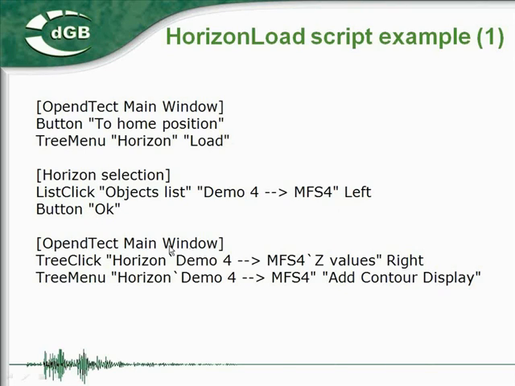Then we were back at the OpendTect main window, and we went to the tree and we clicked on the tree item horizon, sub item demo MFS4, Z values, and it was a right click. Well, that was our erroneous click when we wanted to add the contour display, but we were on the wrong menu item.